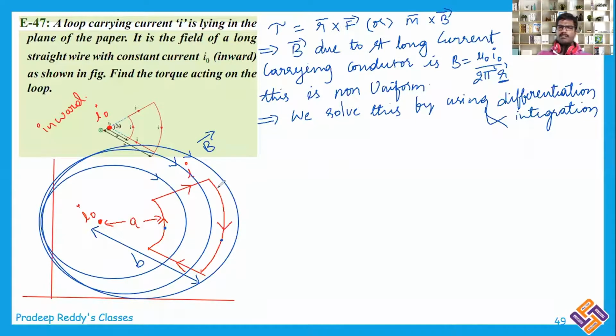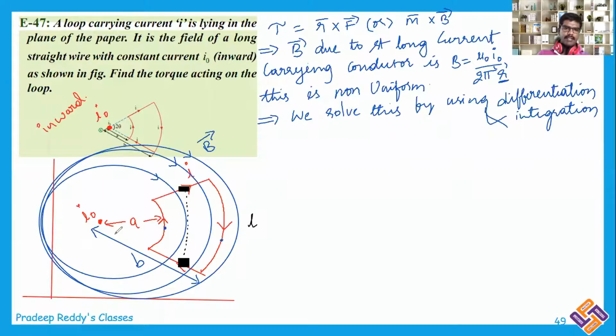And this magnetic field is not uniform, it's variable, because from here to here it is changing. For that, I'll take one small element here, and the same element I can take here. The length in between these two elements I can take as L.